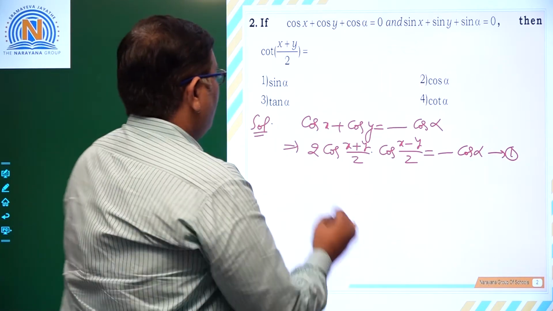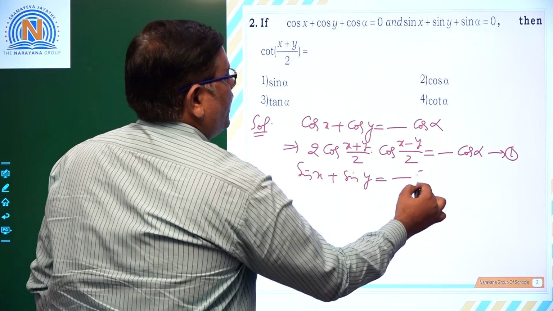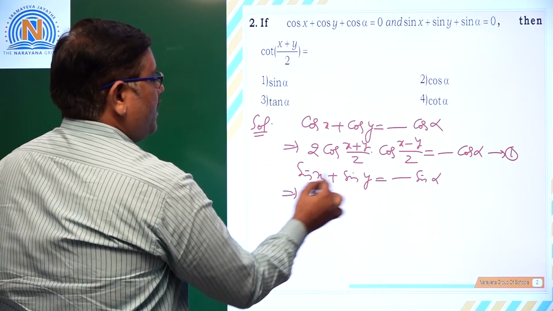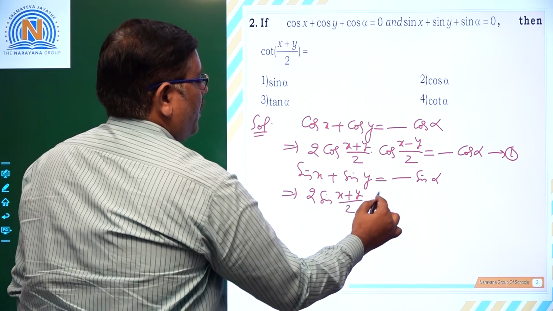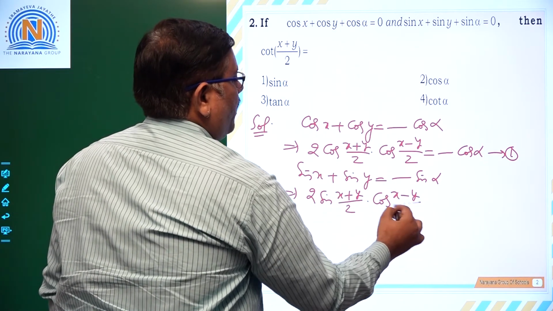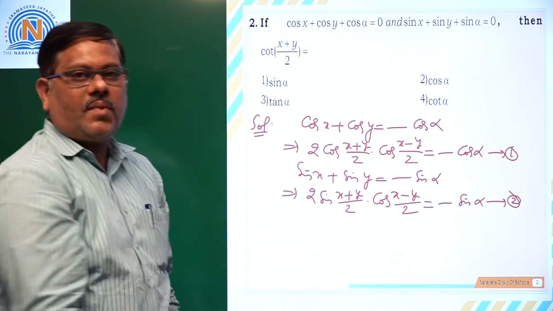Let us take the next one. Sin x plus sin y is of course equal to minus sin alpha. If you apply sin C plus sin D, that is 2 sin((x plus y) by 2) into cos((x minus y) by 2), which is minus sin alpha. Let us consider it as the second equation. Now what do you need?